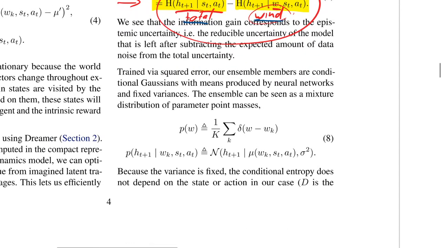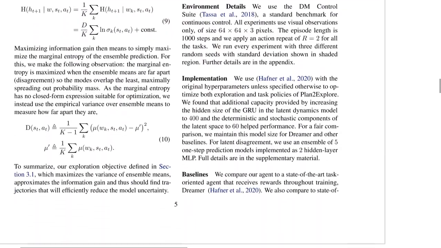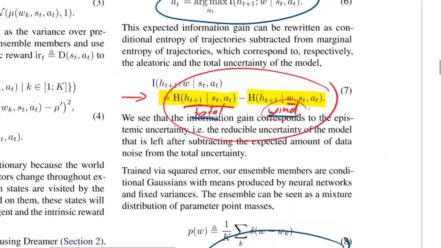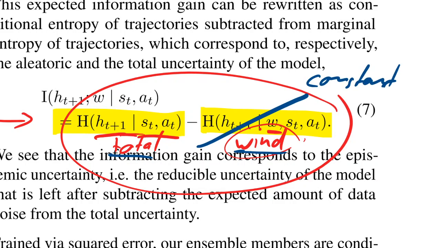And they say, okay, because we have these Gaussians here as our estimators, they somehow reduce to this total uncertainty. But only, basically by taking Gaussians, they just assume that this quantity here is constant. At least that's how I understand it. They basically assume that every transition in the world has about the same amount of uncertainty.